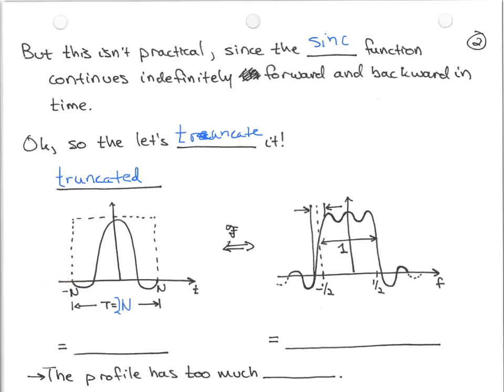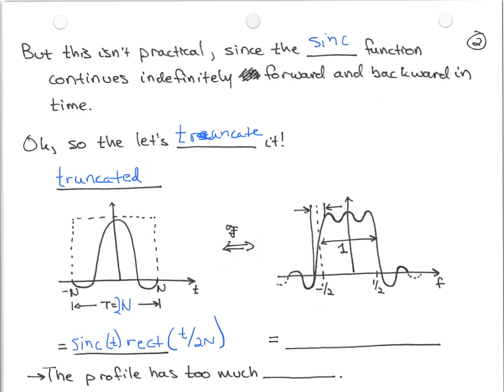So truncating it is equivalent to multiplying our sinc function with a rect function. Mathematically we can write this pulse as sinc of t times rect of t over 2N. And then the Fourier transform of that is going to be this guy right here.